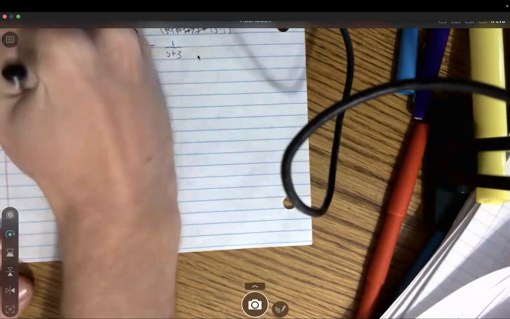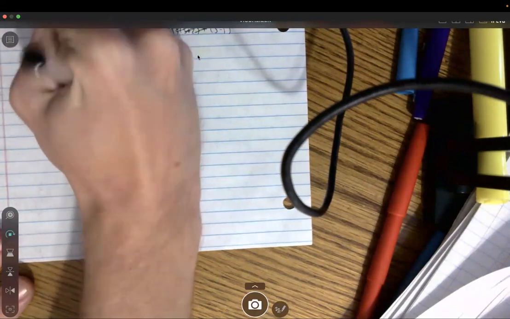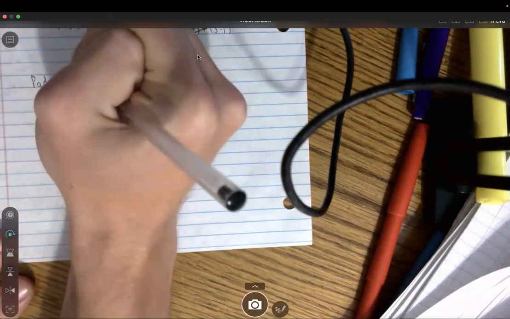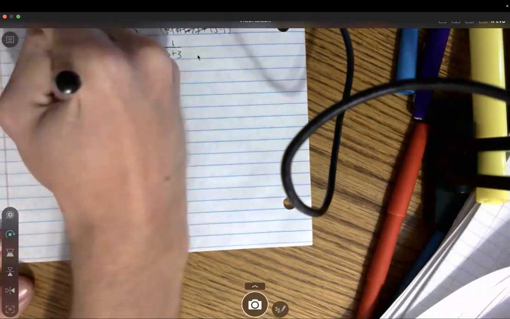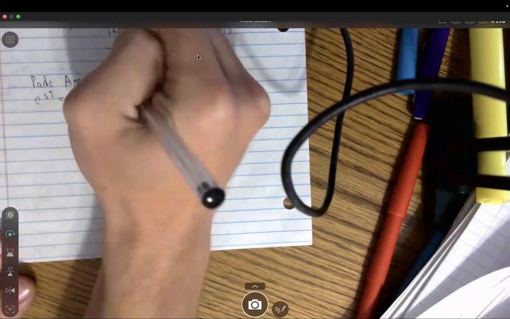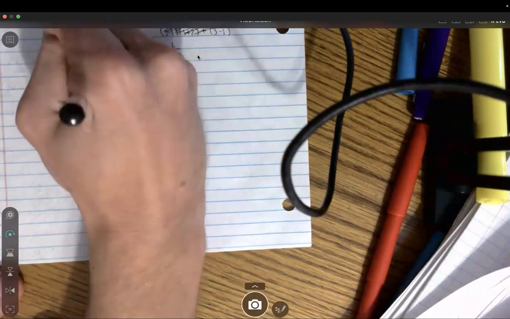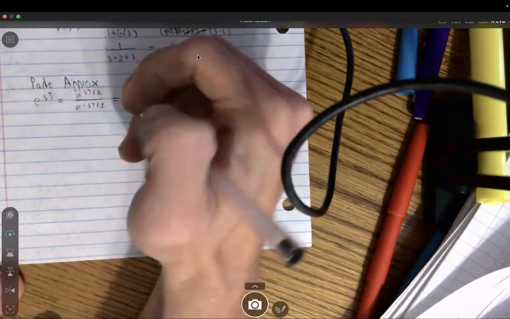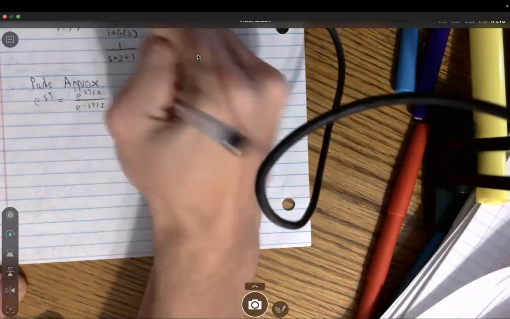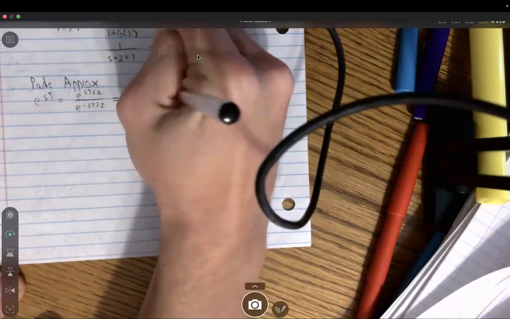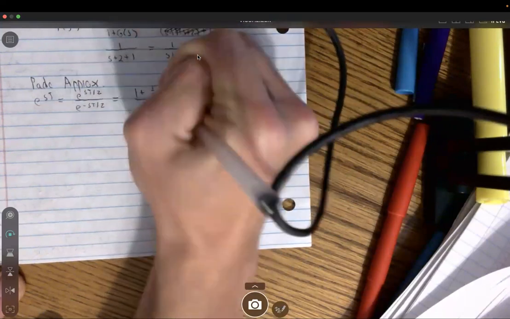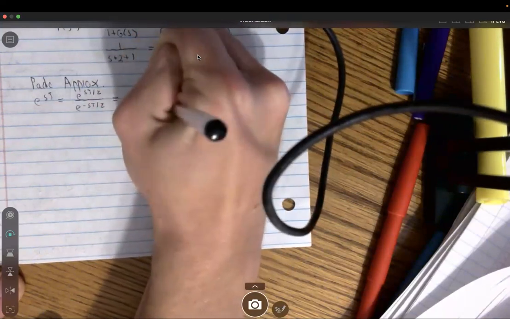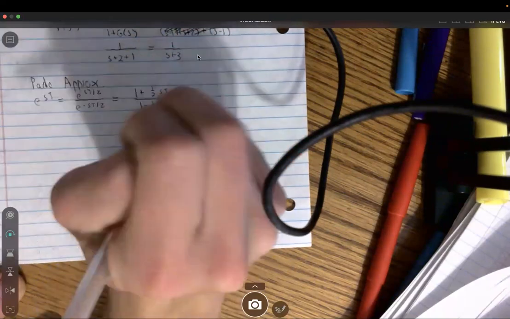If you remember how the Pade approximation is defined, if we have e to the st, it's written as e to the st over 2 divided by e to the negative st over 2. So he splits it into a numerator and denominator. And you can define this as 1 over 1/2 st plus ... and then 1 minus 1/2 st and then plus ... It can keep going on and on forever.